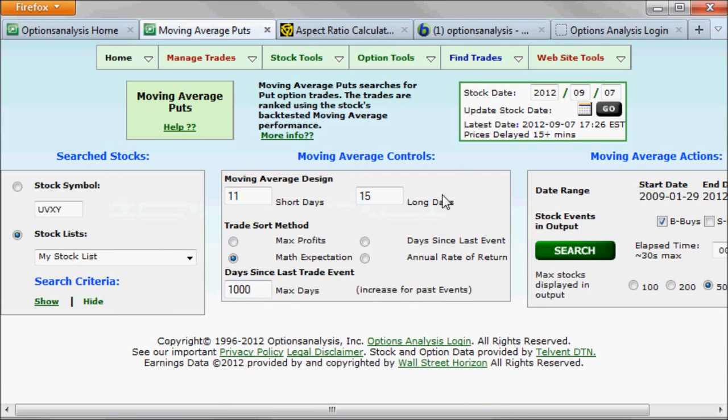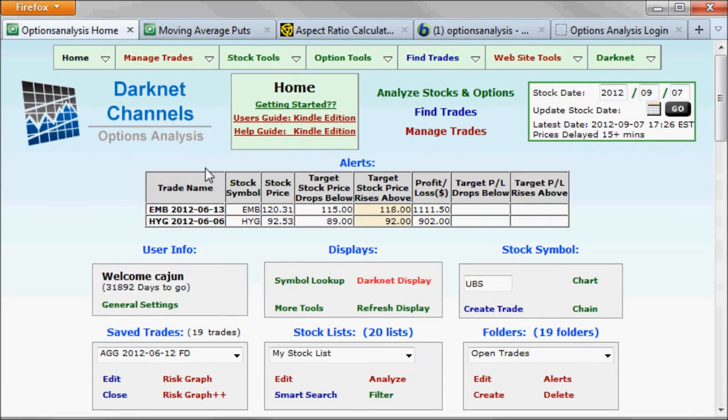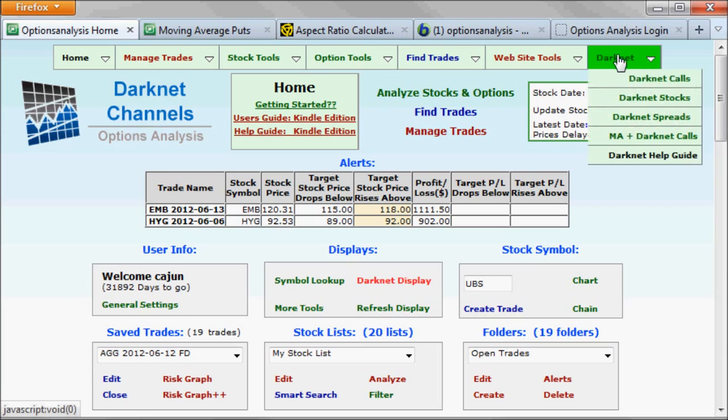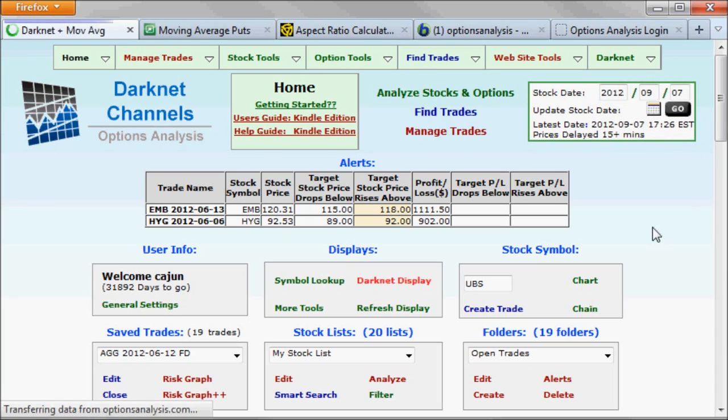Now, you have to have Darknet to see this. This is an account that Darknet activated. That new tool is located under Darknet, MA plus Darknet calls, located here.